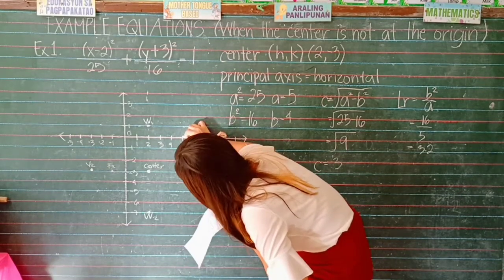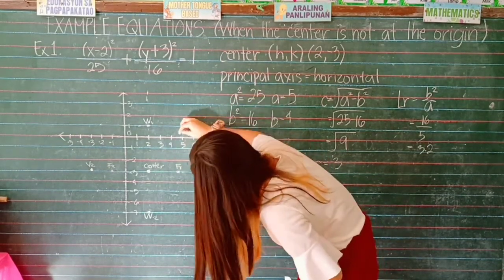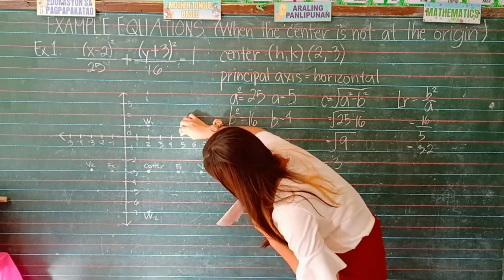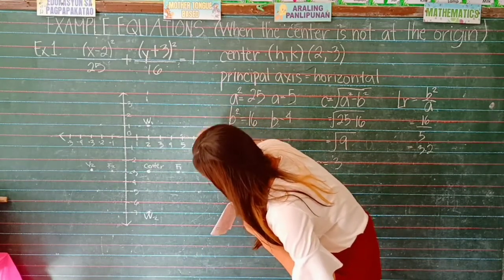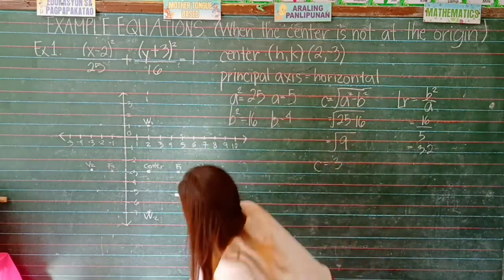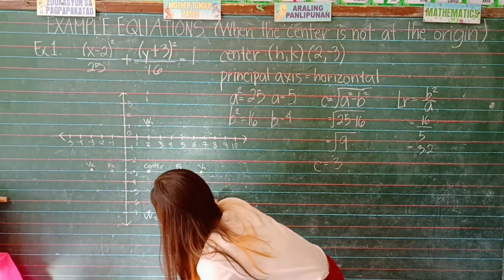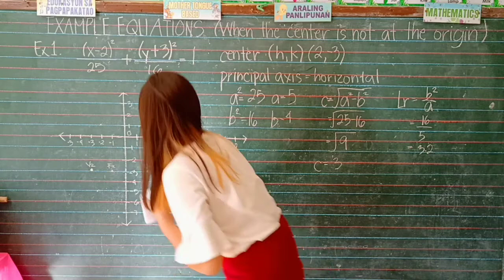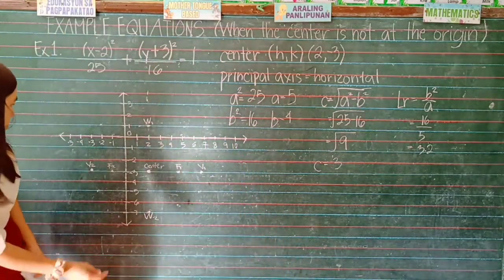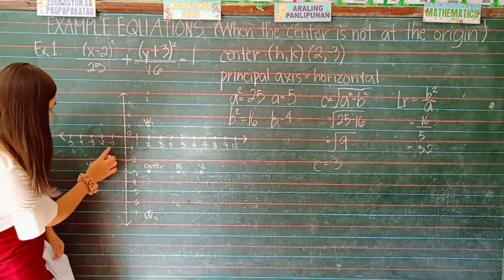Since the latus rectum is 3.2, we place it there, and then 1, 2, and 1, 2.